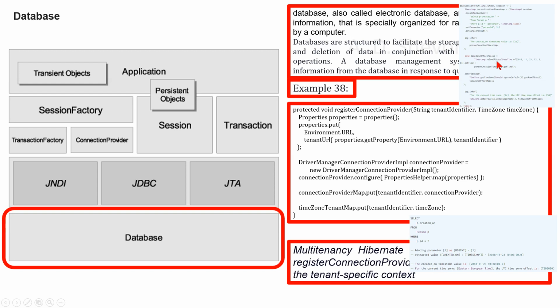Here the useTenantTimeZone property is set to false, and the timestamp is fetched in the tenant specific time zone. Notice that for the Eastern European time zone, the time zone offset was 2 hours when the test was executed.